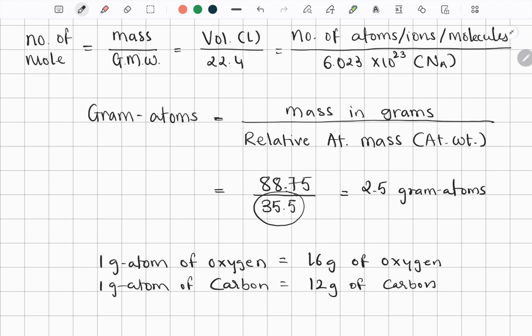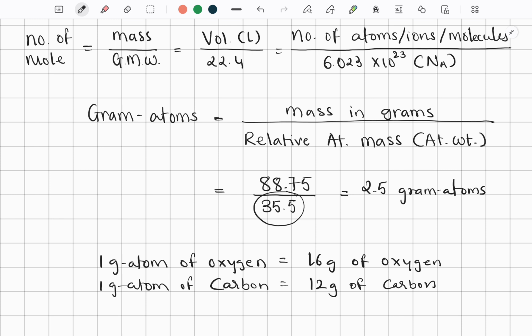Hence the term gram atom is traditionally only used for elements, or atoms, and not for compounds. We cannot say it for H2O or CO2. The gram atom doesn't apply to compounds, it only applies to elements or atoms.